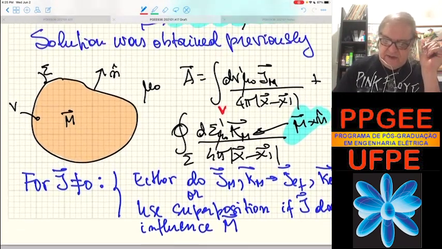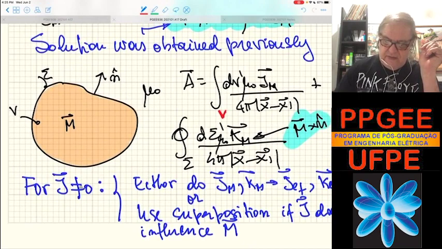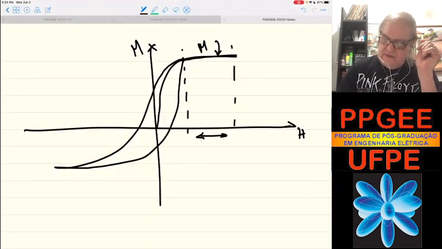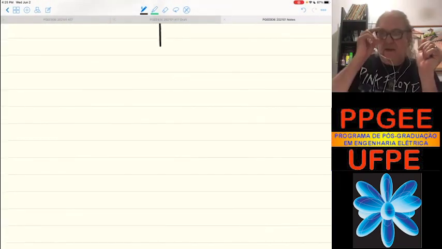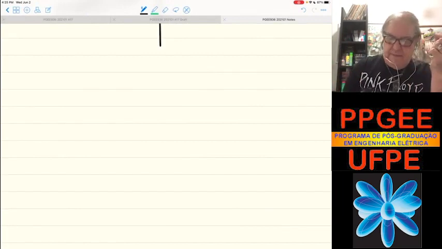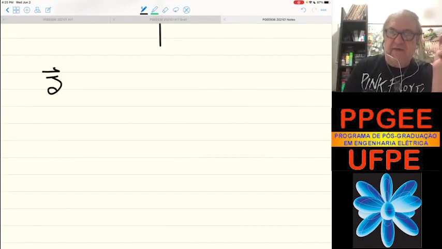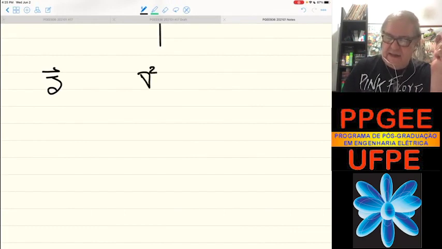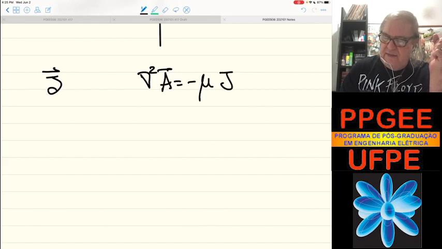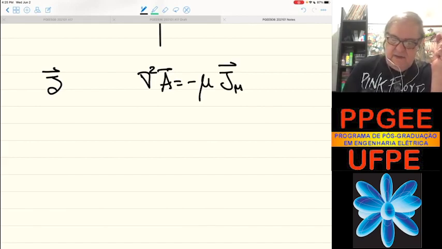What happens for J different than 0? All you have to do is simply change the right-hand side for A. We have Laplacian of A equals minus mu Jm, right? We just change Jm to J effective.